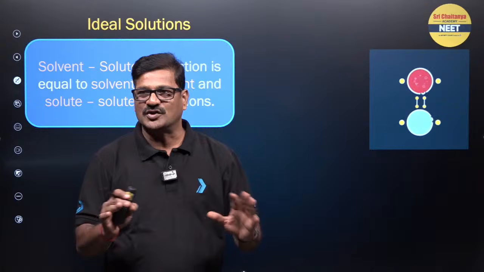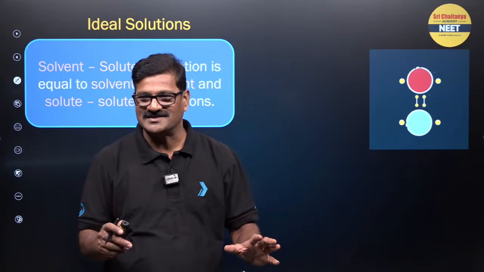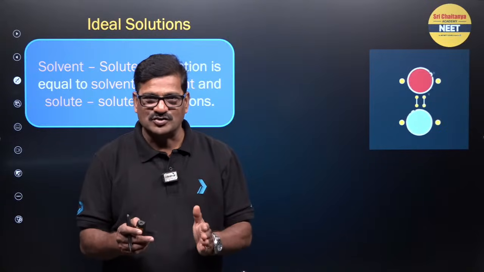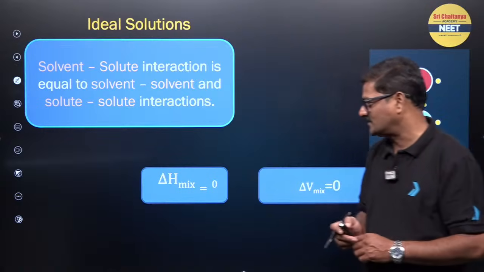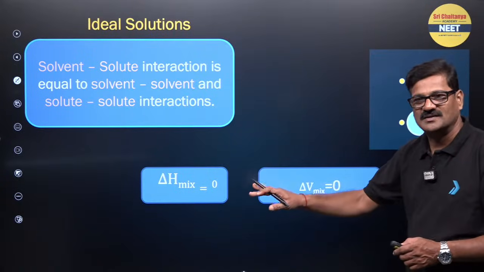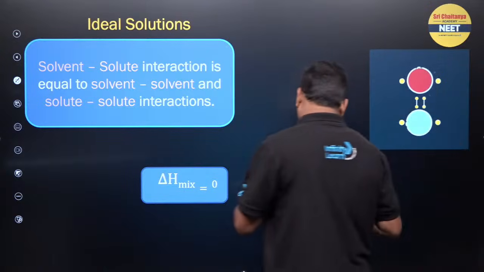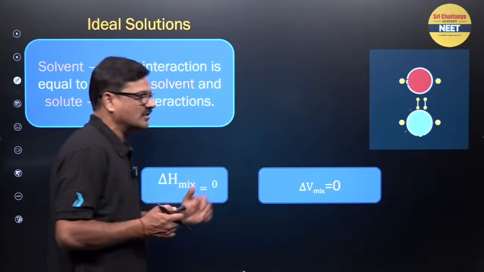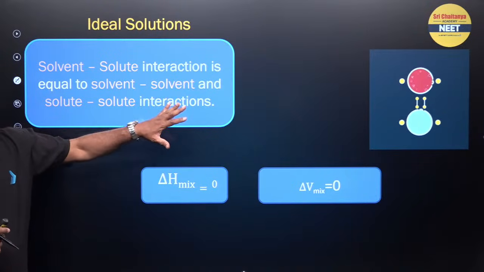Solvent-solute interaction is equal to the solvent-solvent and solute-solute interactions. So the magnitude of the intermolecular force before mixing is equal to after mixing. So enthalpy of mixing is going to be 0, and volume change is going to be 0. That is the criteria for the ideal solution.